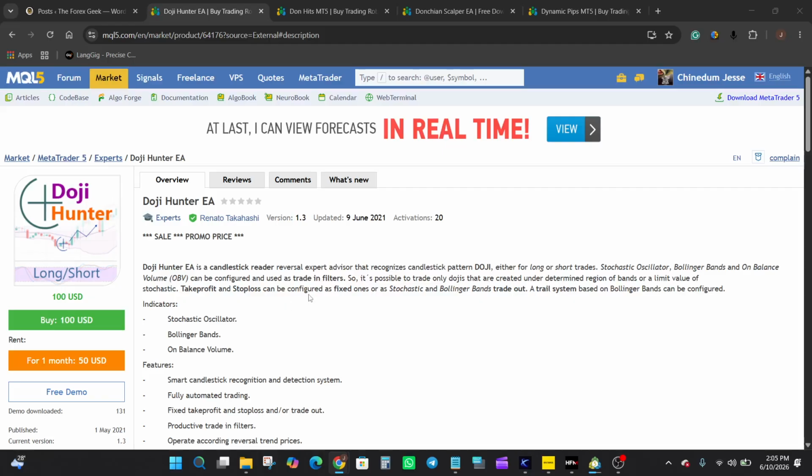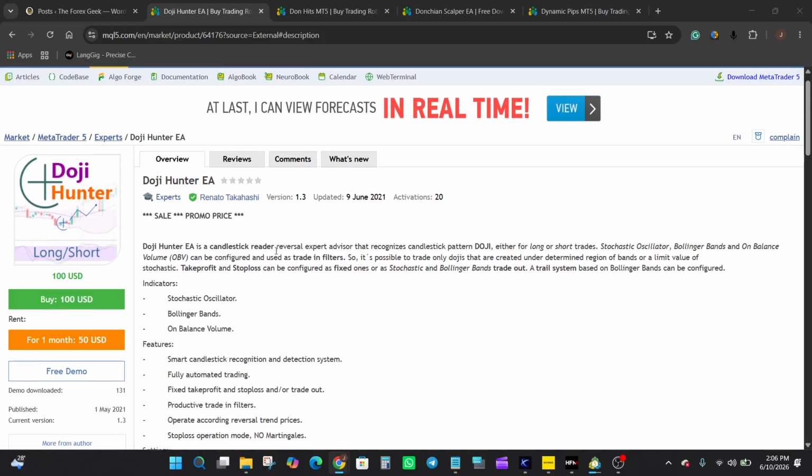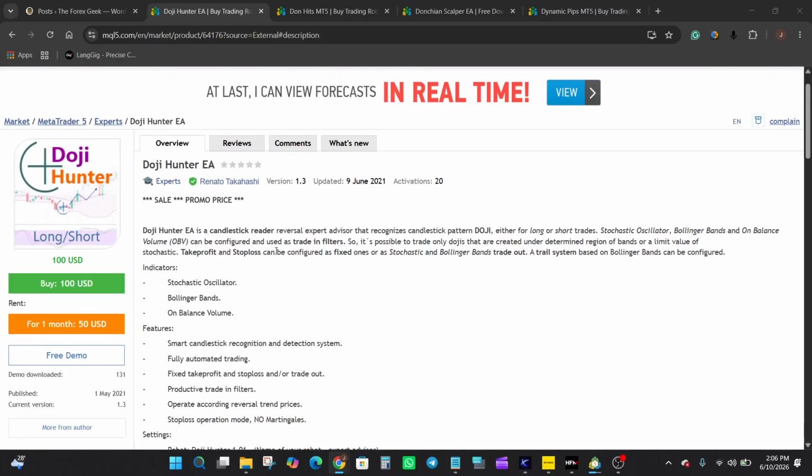Alright, so as I scroll through the listing for this MT5 version, the developer describes this EA as a candlestick-based reversal system that focuses specifically on identifying doji patterns in the market. The idea here is that the EA detects doji formations and then uses them as potential signals for long or short trading opportunities.